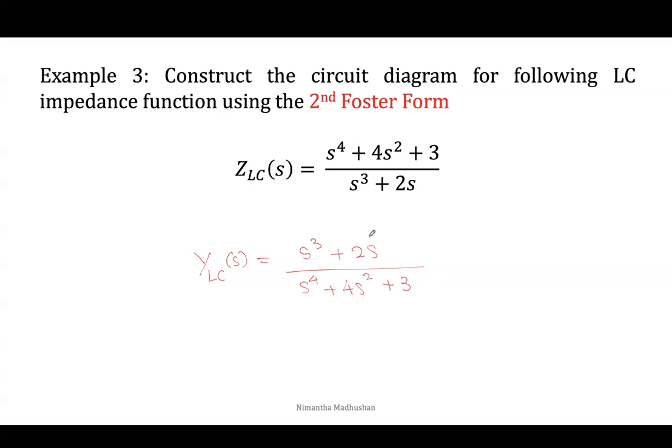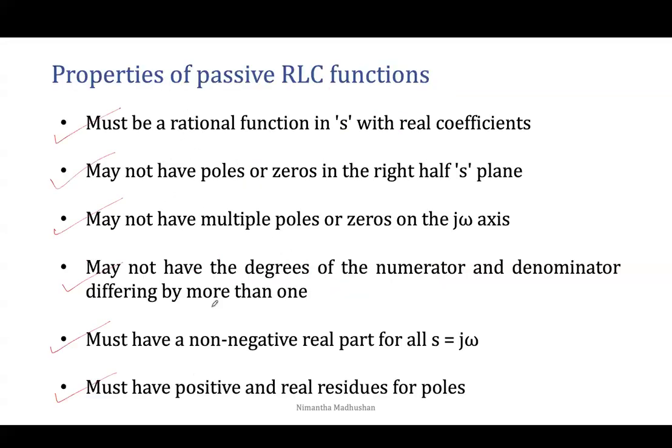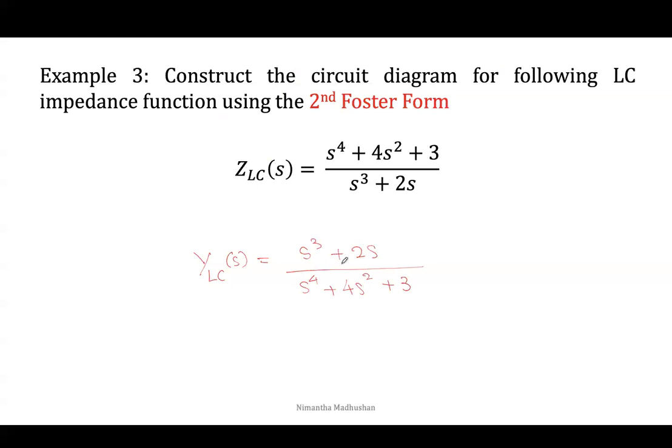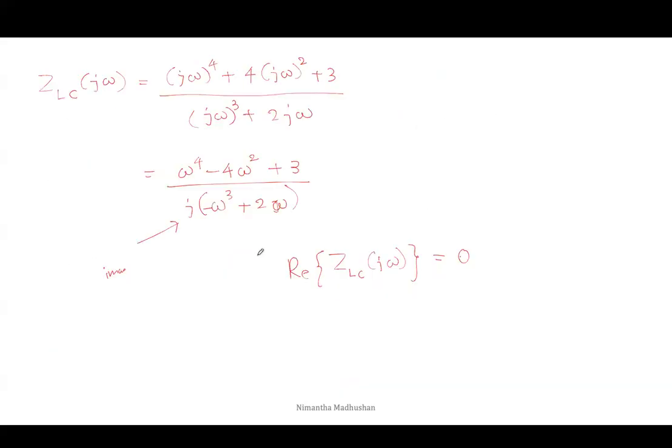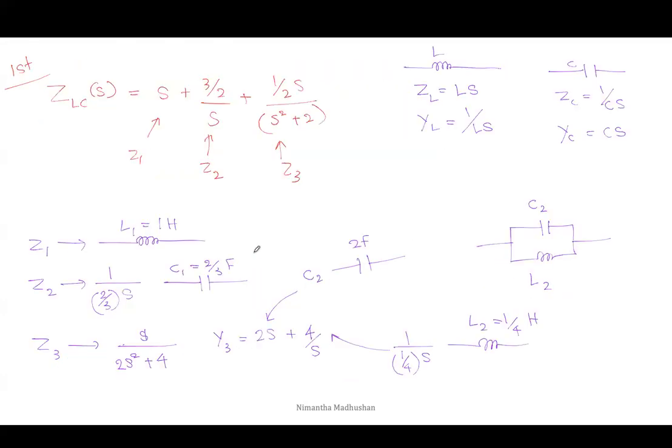If we consider the general properties of an RLC function for this admittance function, you can check all these conditions. In here, poles and zeros are interchanged. Now we can do the partial fraction expansion. This is the second Foster form.